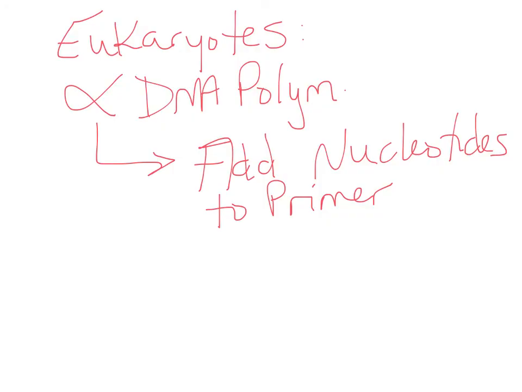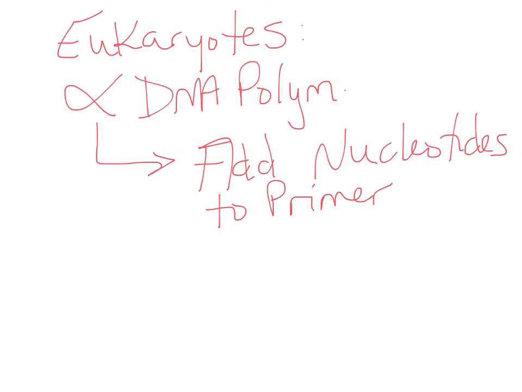So in eukaryotes, once alpha has proceeded and started making a DNA strand after the primer, two different polymerases will take over, which are much better at being accurate and preventing errors from occurring. But if there is an error, they are better able to correct them.